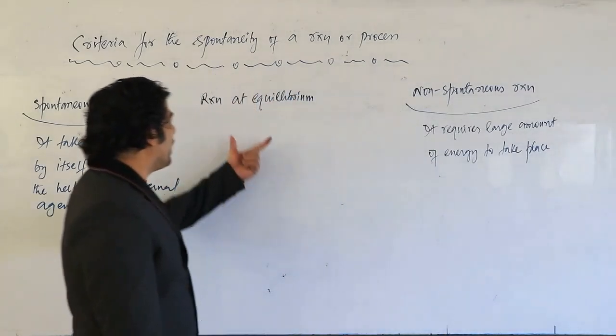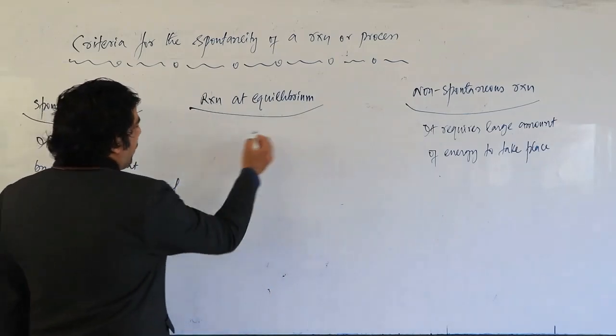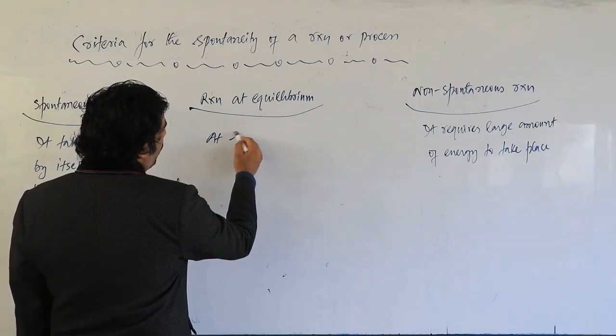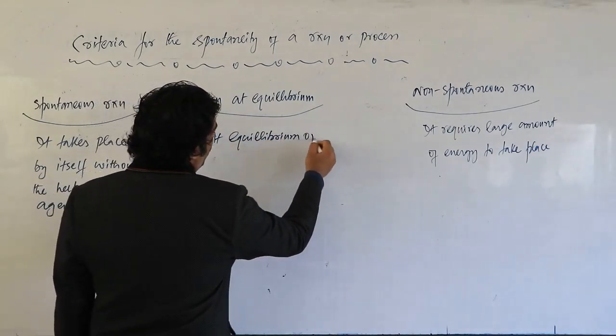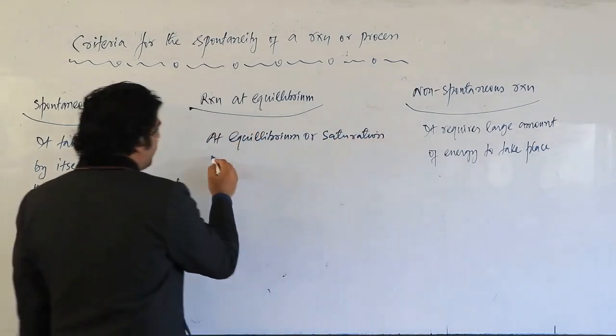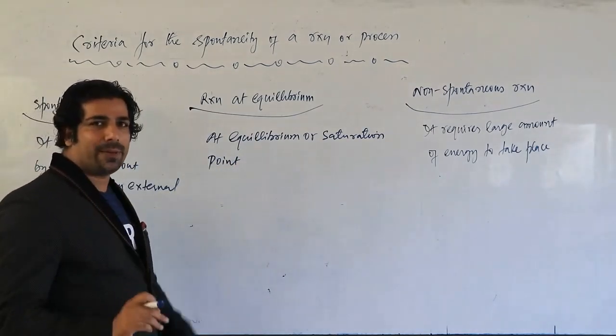What is the reaction at equilibrium? At equilibrium, what happens? Here, at equilibrium, or we call it the saturation point, you will understand it in much more detail in the chemical equilibrium chapter, but here let's have a little idea about it.